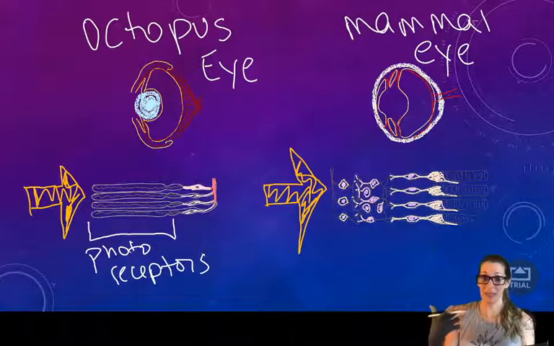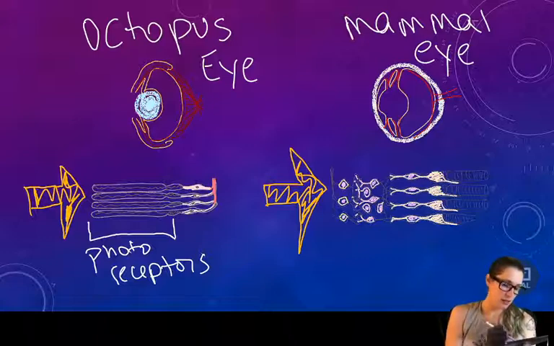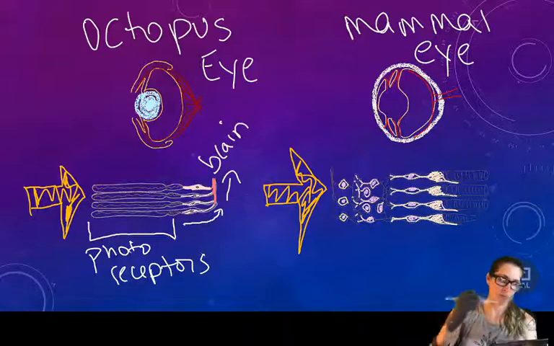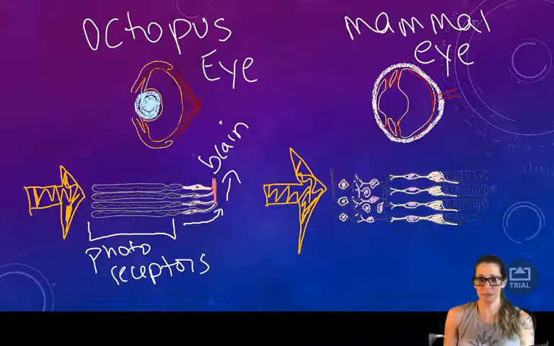So light comes in, interacts with the photoreceptors, and then the neurons carry that information toward the brain. Makes sense, right? Our eyes, not so much.